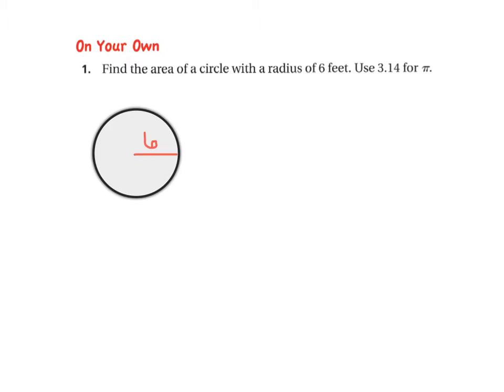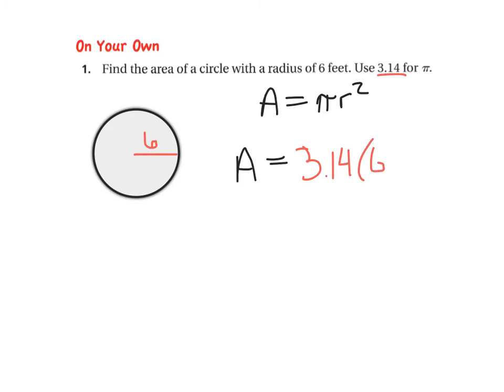So remember our formula, area equals pi r squared. So let's plug in what we know. Area equals pi, we're doing 3.14. And then radius is 6, put in parentheses, because you're going to square it.